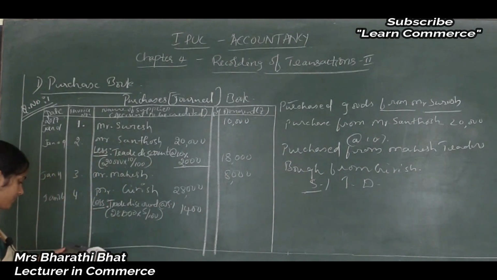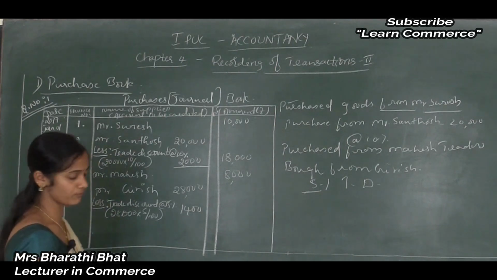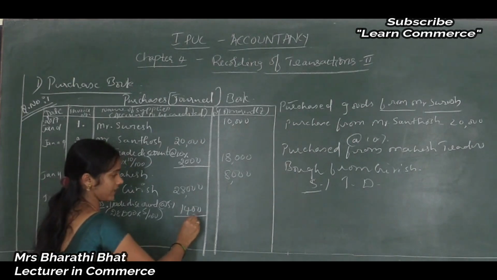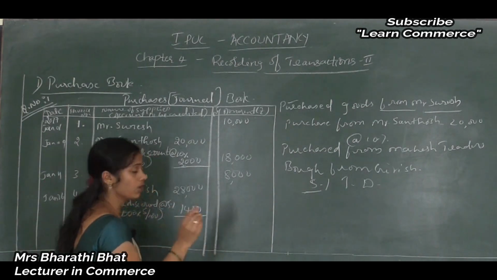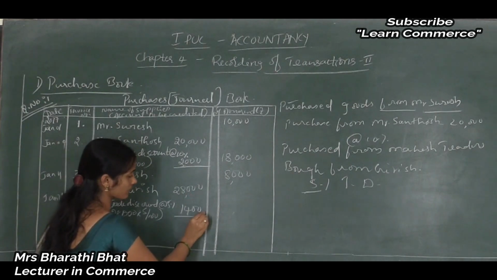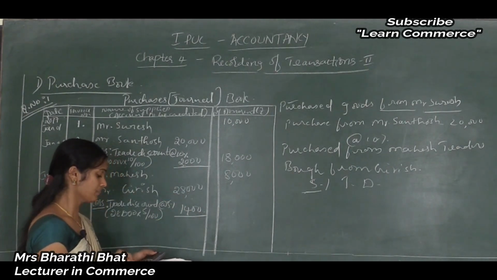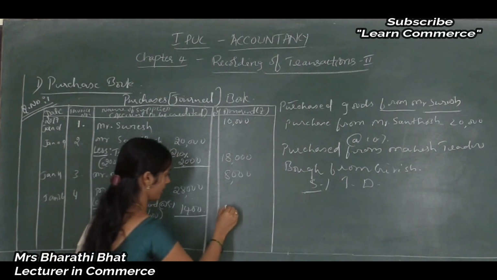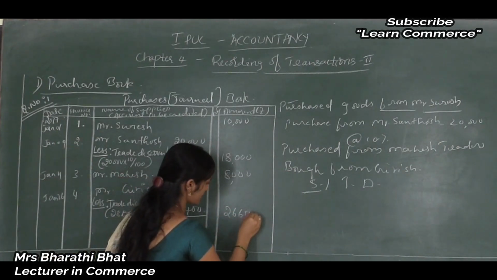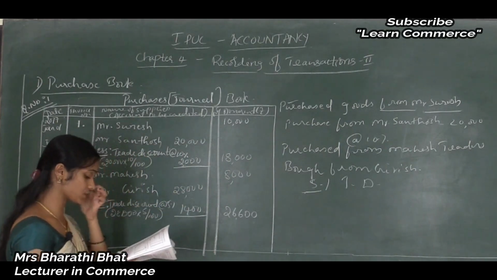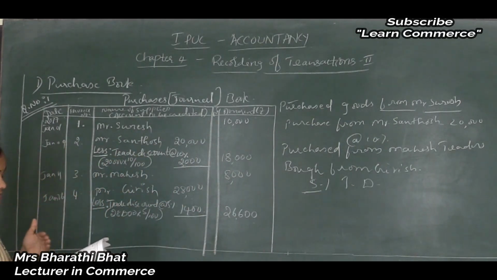Now what is the next step? We have to deduct this 1,400 from the 28,000. So 28,000 minus 1,400 is 26,600. Now just analyze all the transactions, whether we covered all of them or not.